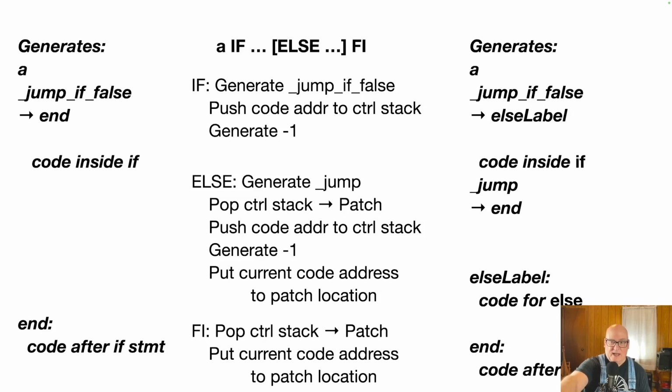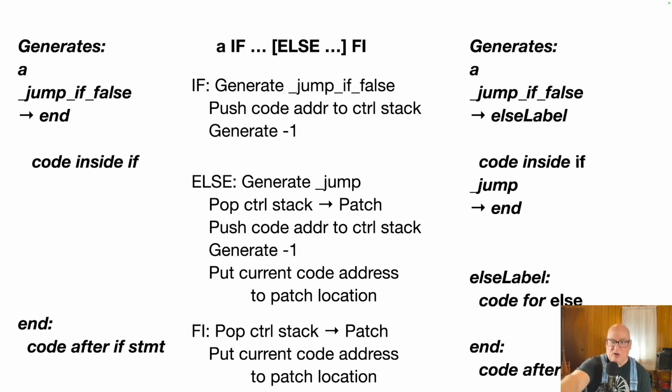The address of that is where the next patch should be. Okay, and we'll generate a -1 there because we don't have that value ready until we get to the end. All right, but then we also patch the current code address, which is after that -1. Whatever the body of the else is going to be is going to go to the patch location where it says else label, and that's what we want.